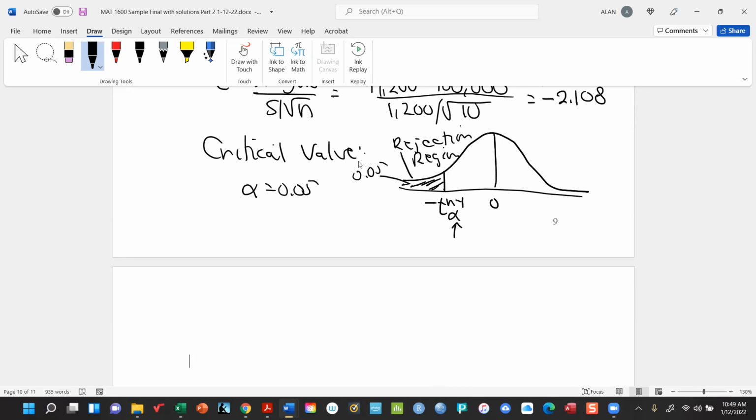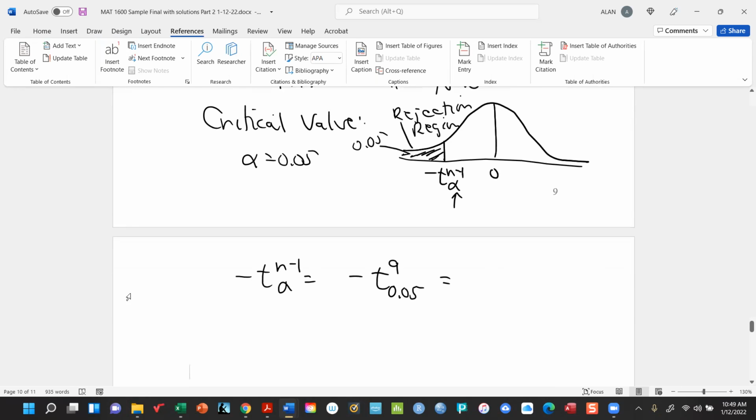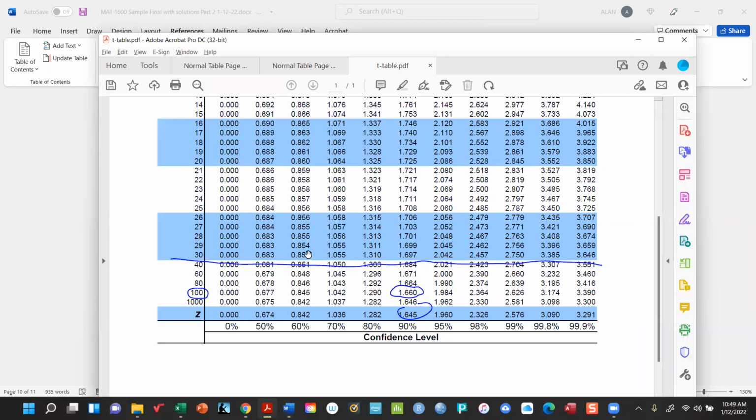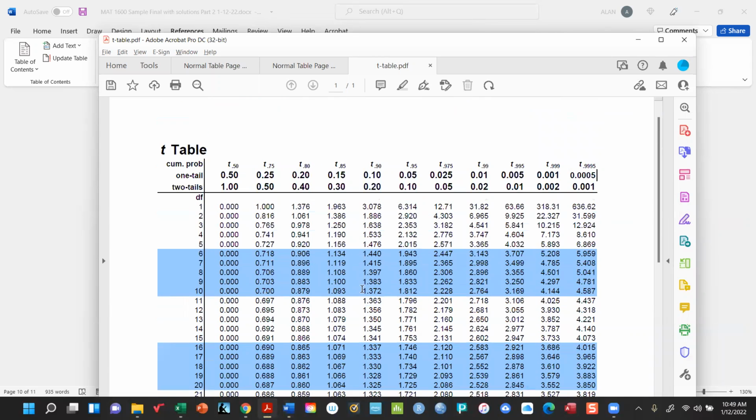Okay, so that's just plain alpha. When you go to the table, the sample size was 10, so we have 9 degrees of freedom. We have 5% in the tail. And let's go to the table now. Let's erase all this old stuff. So go to the top and look for 5%. One tail, 5%.